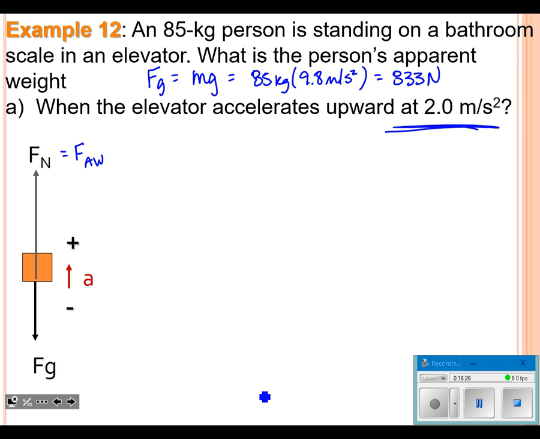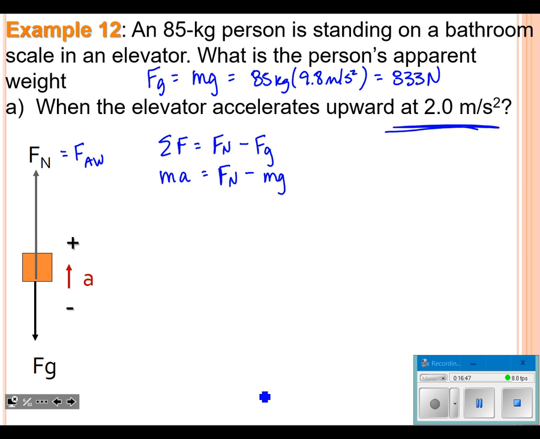So if that's the case, then the net force is equal to the normal force minus the F of g. Net force is found by doing mass times acceleration. Normal force is what we're trying to find, and then weight force is mass times gravity.